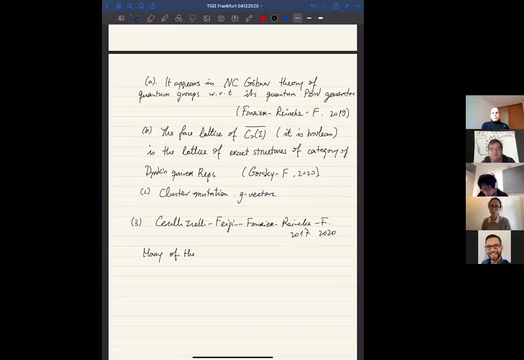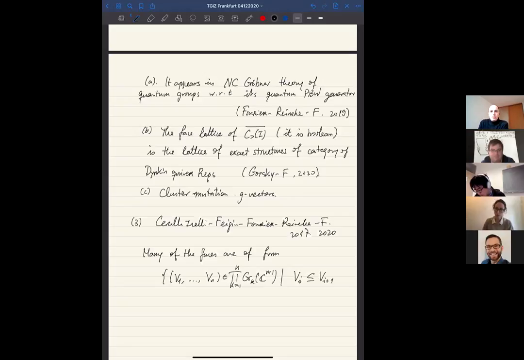Many of the faces are of this form: the variety associated to some faces is of the form (V1, ..., Vn) in a product of Grassmannians, such that Vi is included in Vi+1. Previously we asked Vi to be included in Vi+1, and then this is a flag variety.